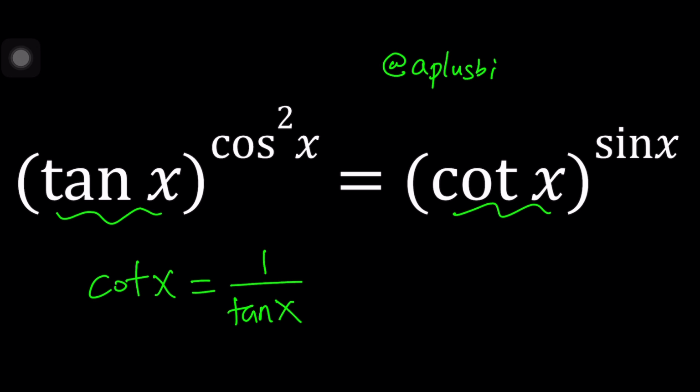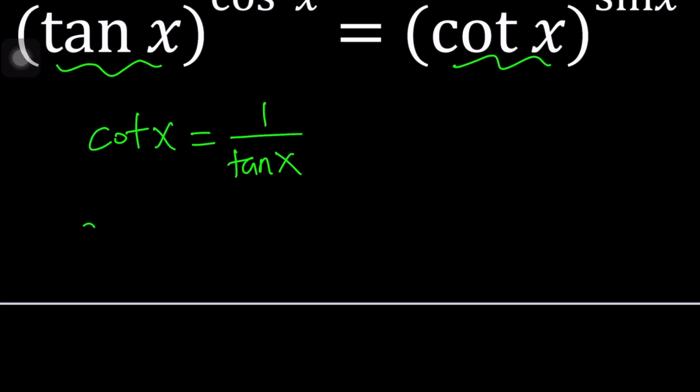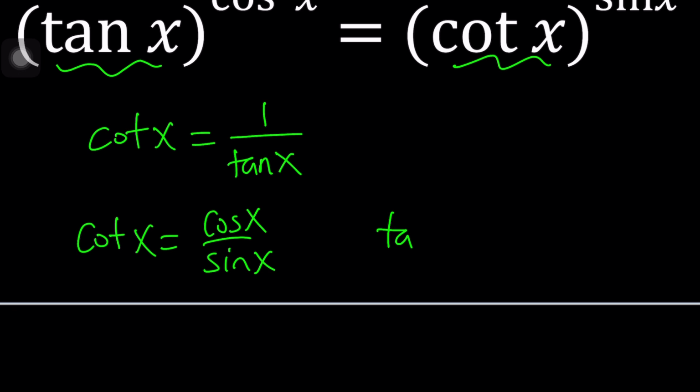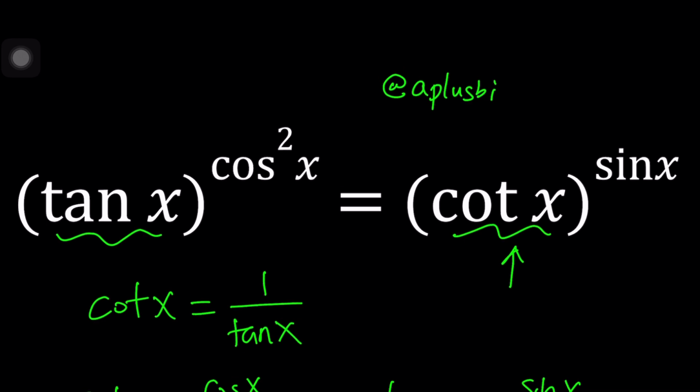But cotangent and tangent are reciprocals, and you probably also know that cotangent can be written as cosine x over sine x, and tangent x can be written as sine x over cosine x, which we could use here, but I have a better idea. Since cotangent can be written as 1 over tangent x, why don't we go ahead and make that replacement on the right-hand side?